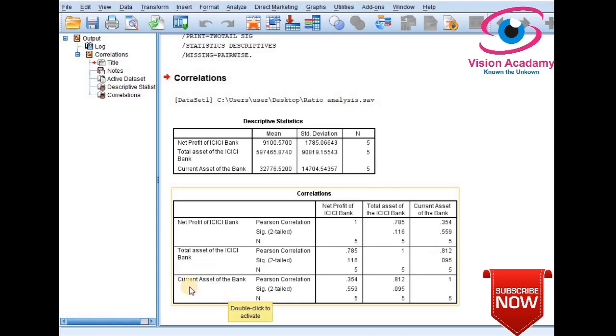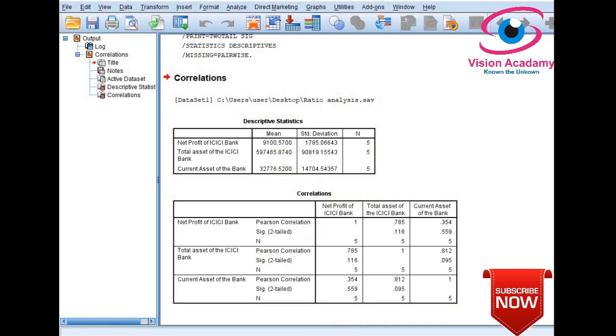Let us also see whether higher current assets lead to higher net profit, which is a positive correlation, and we cannot say definitely it is a strong positive correlation. Higher current assets lead to higher net profit and total assets, we already saw that, and current assets correlate with itself here. So in this example, we took 5n and made a two-tailed test for multiple correlation.